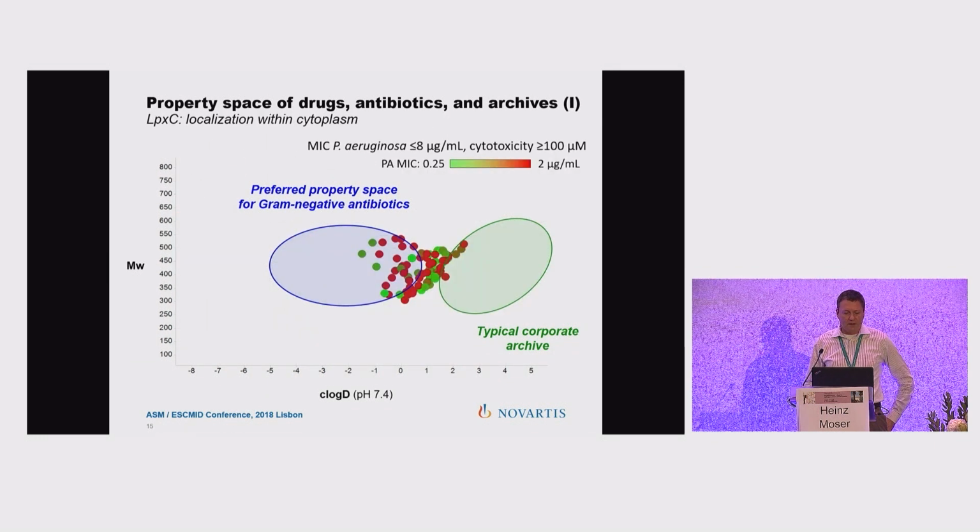So the first one is LpxE. Now what I've done here is we made, I think, over 1,000 compounds, so we have a pretty decent collection of compounds. What I selected here is molecules that had an MIC against Pseudomonas ATCC, the standard strain, of 8 or less micrograms per mL, but at the same time didn't show any cytotoxicity at 100 micromolar.